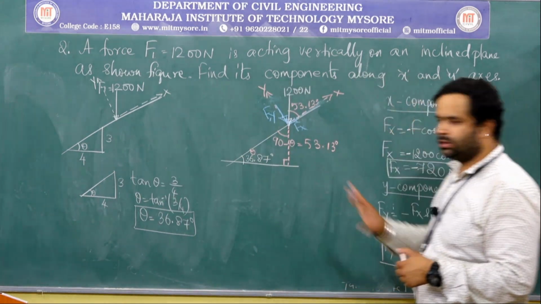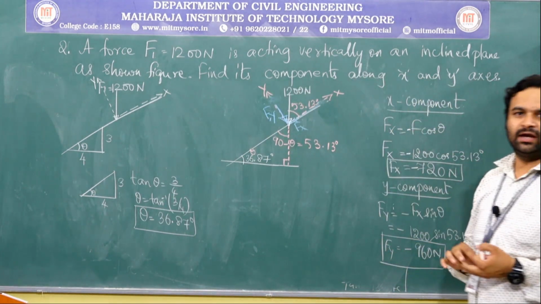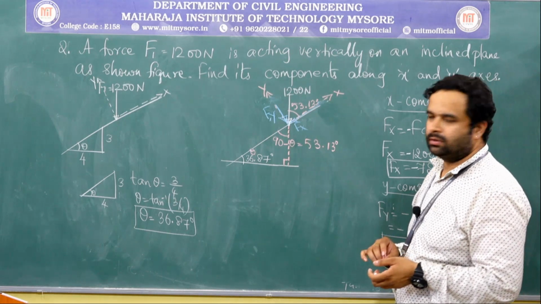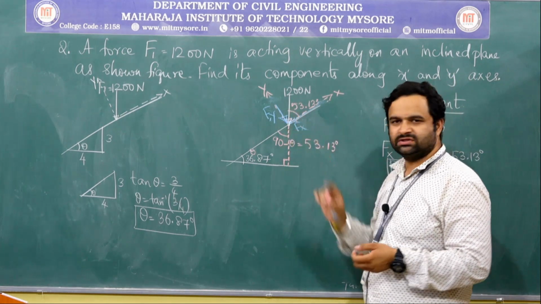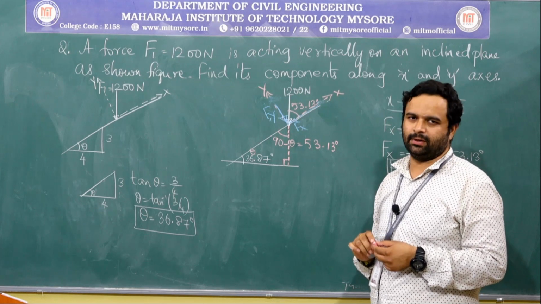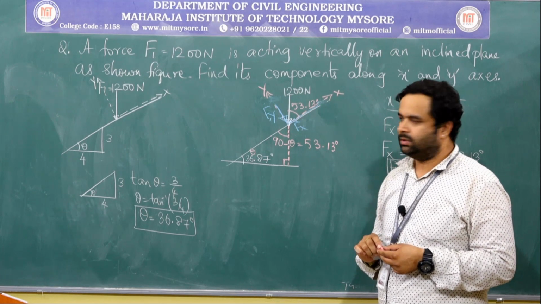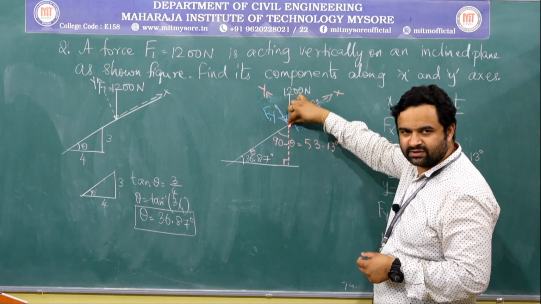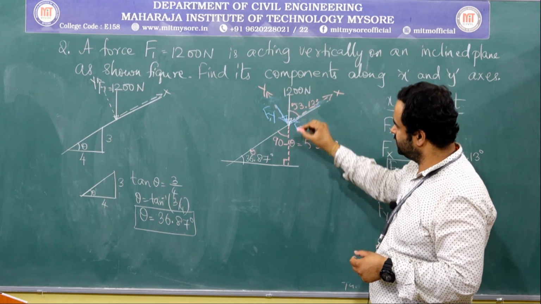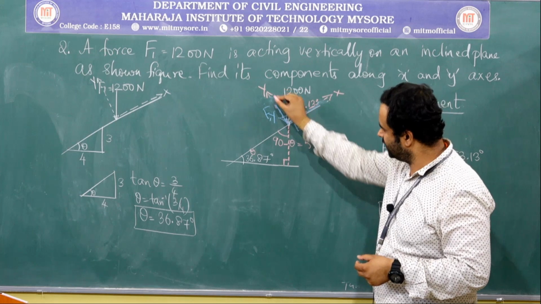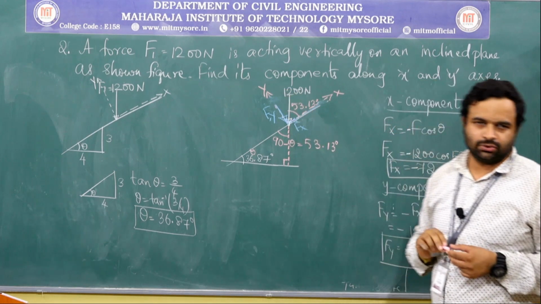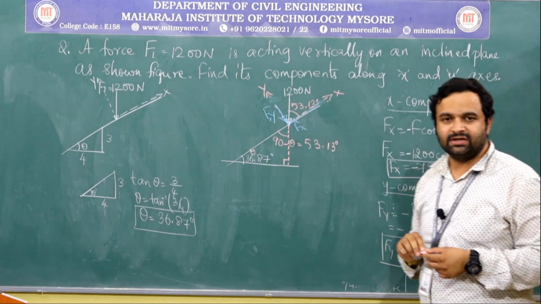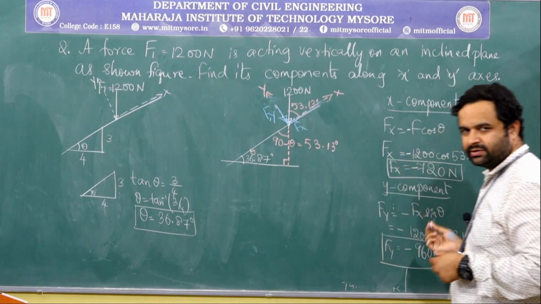This is how you are going to calculate the x and y components of the force system given in this particular problem. Okay. So, this 1200 Newton force is acting downwards, and hence you need to write its x and y components as shown, and corresponding sign convention should be taken into consideration.